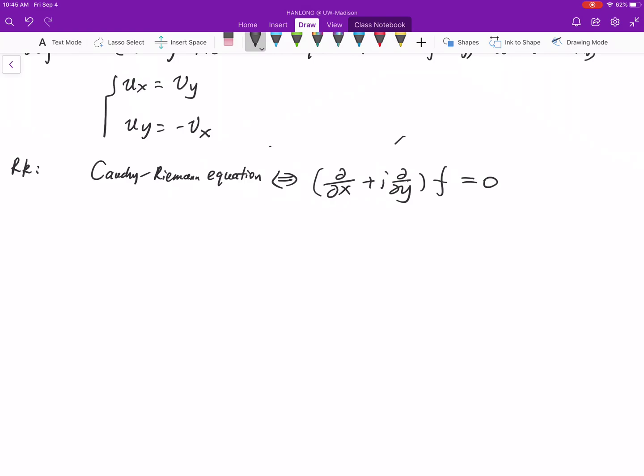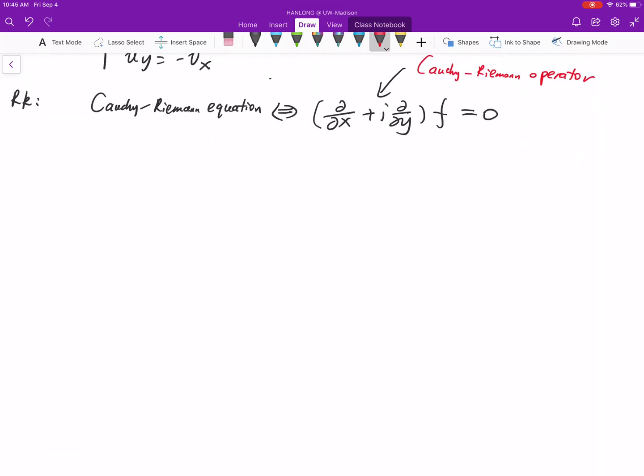So this is the Cauchy-Riemann operator we introduced last time. Okay, and remark 2, this is remark 1.